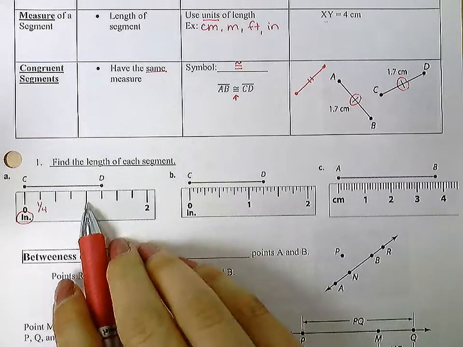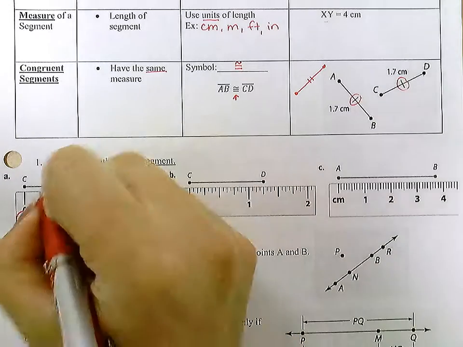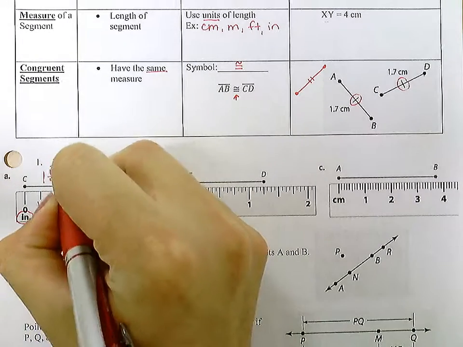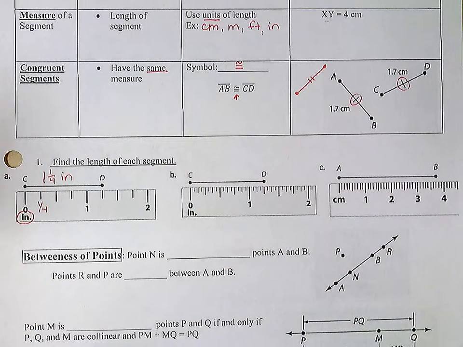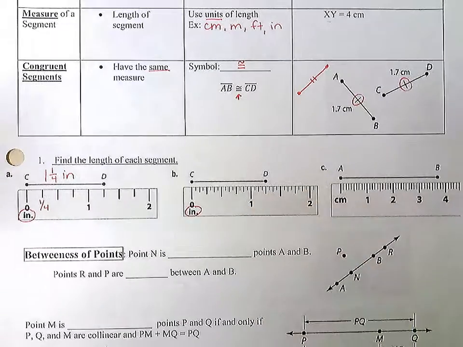I know I hit 1, I add the next section here, so that means I'm at 1 and 1/4 inches. I know you know how to use a ruler, but it's fine. Questions on A?